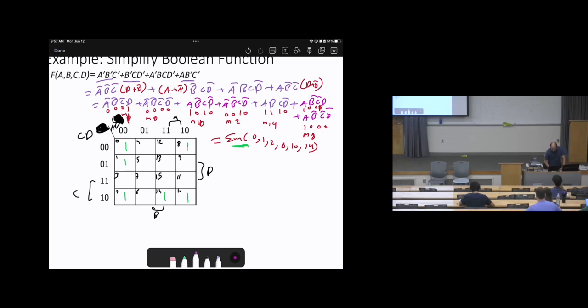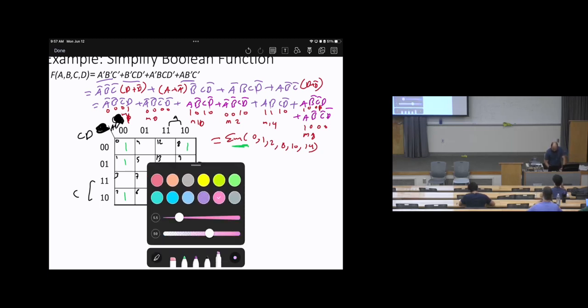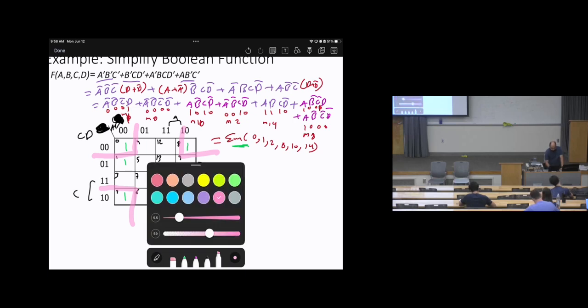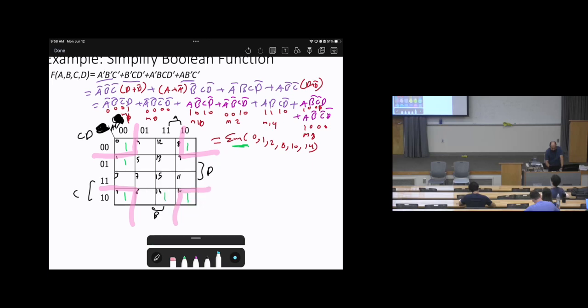We can look at the corners. This corner with this corner, this corner, this corner, they all can be grouped. Because imagine, the Karnaugh map, you can imagine as a sphere. So these corners can meet. Therefore, we can group these in the corners. How about the remaining ones?